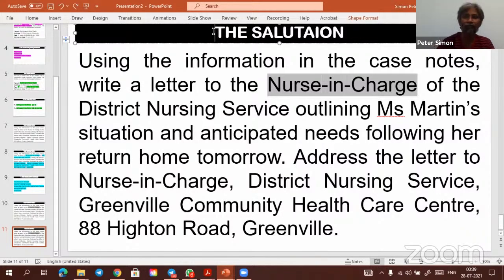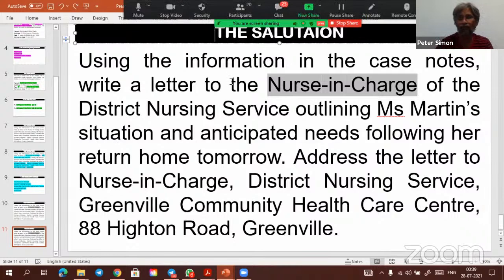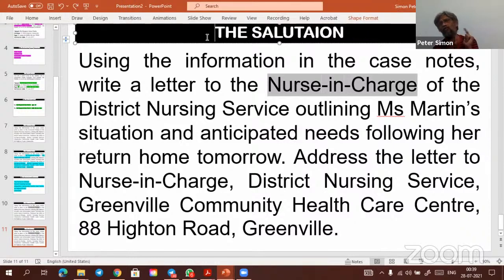Now here, the first one is the address, the receiver's address. Second one is the date. Third one is the salutation. Fourth one is the subject line. That's what we have seen. Now this is the third one, the salutation.